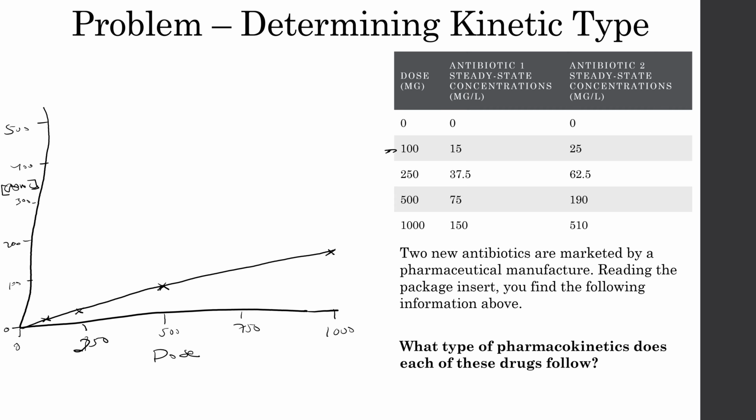But let's see what antibiotic 2 is, and we'll make that in red. At a dose of 0, obviously. At a dose of 100, it looks like we're looking at 25, so a little bit above here. All right. And then a dose of 250, we're looking at 62.5, so probably double the other one, right?